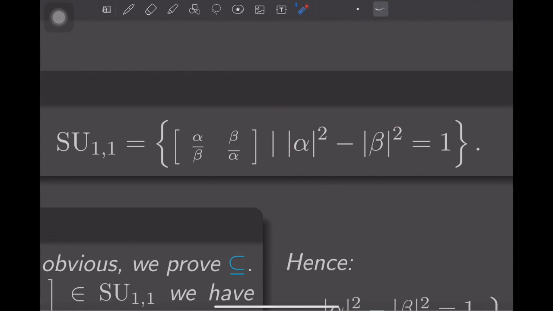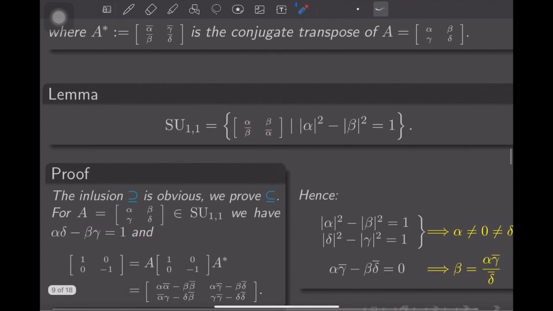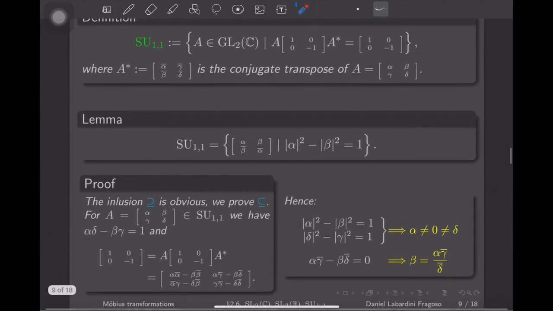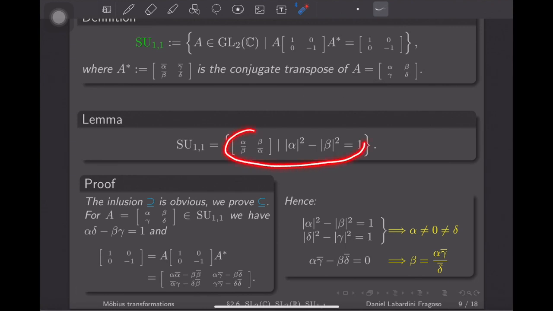And then whenever one has a pair of complex numbers satisfying this identity, these two entries are just the conjugates of these ones. So this is an explicit description of the elements of this group.